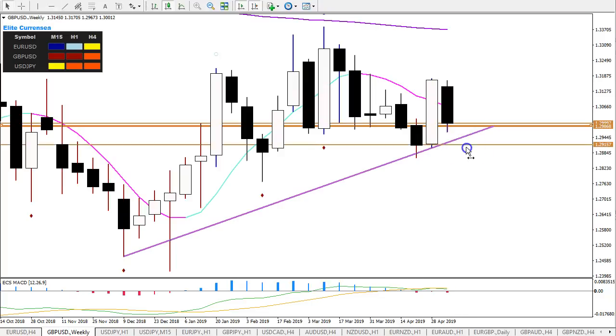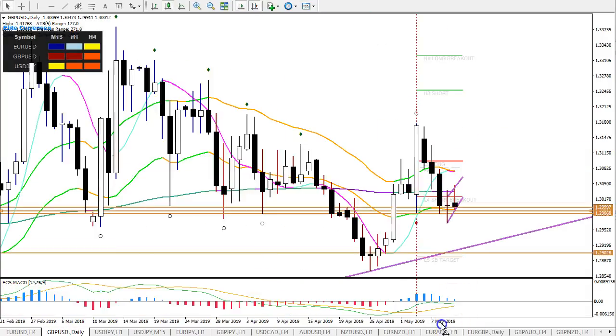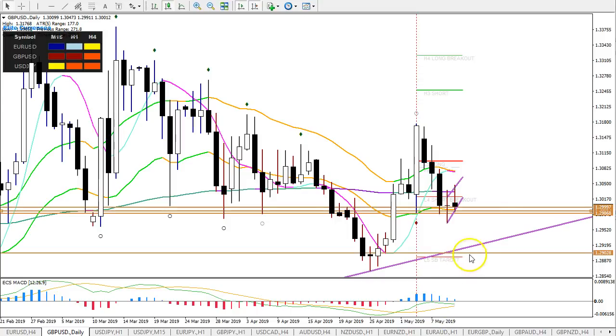It doesn't have to necessarily break the previous low though, all right? Which is why aiming for around 129.30 makes sense, because 129.30 is still well above that low of 2 weeks ago at 129.